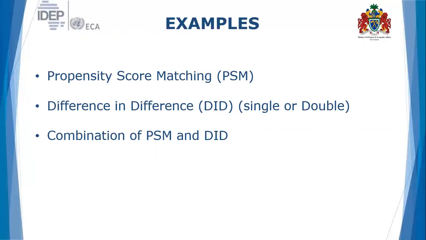Then we also have difference in difference, whether it is a single or double technique. And in many cases, in practice, the propensity score matching can be used along with the DID, that's the difference in difference technique, to get better estimates of program impact.